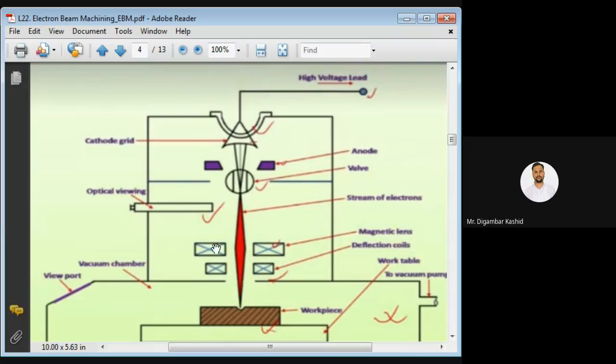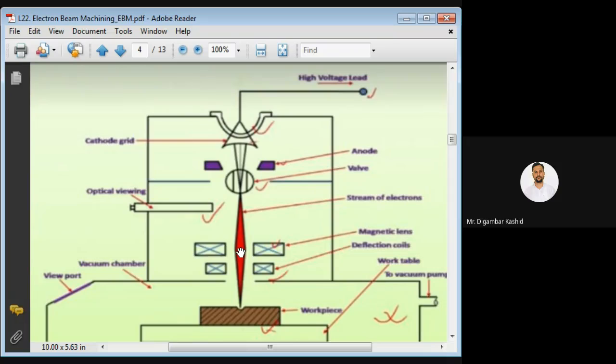So you can see this block. These are the magnetic lens. So I repeat, the stream of a large number of electrons emits from that heated cathode.